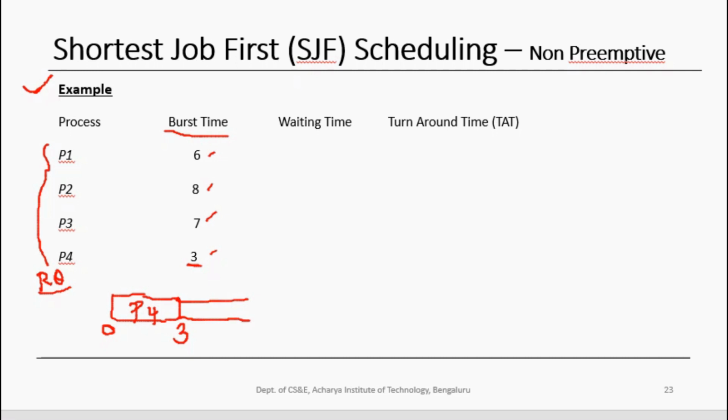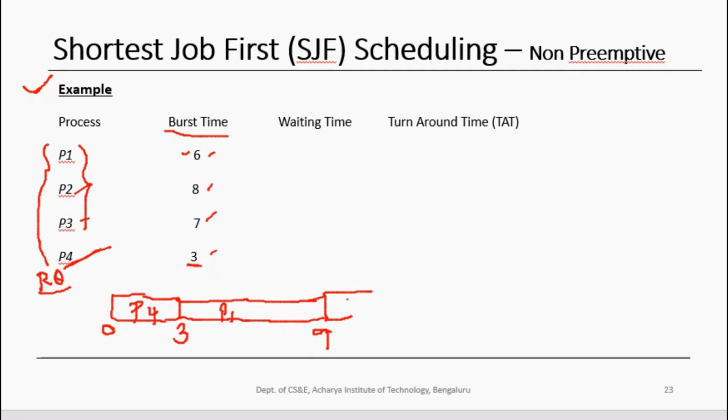among the remaining processes, now that P4 is done, among the remaining three processes the one which has got the shortest next CPU burst time is P1. So therefore P1 is given CPU after P4 and P1 completes after 9 time units. So now how many processes are left out? Now P2 and P3 are left out. Among these two processes, process P3 has got a smaller next CPU burst time.